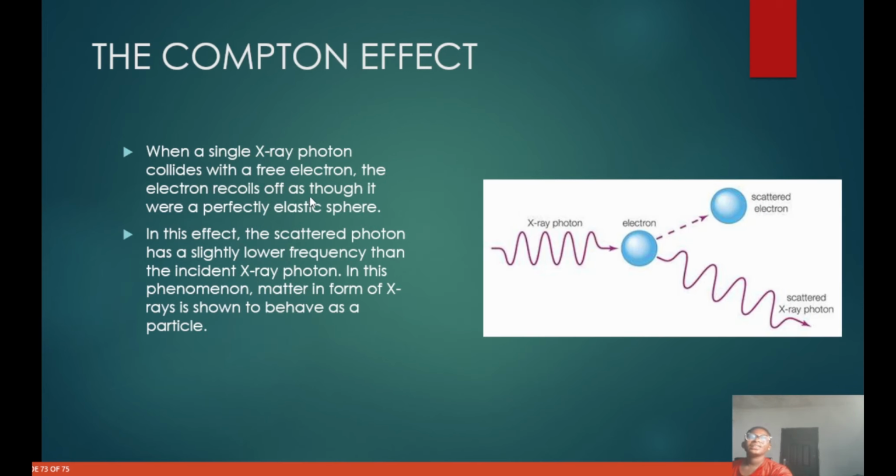The Compton effect: when a single X-ray photon collides with a free electron, the electron recoils as though it were a perfectly elastic sphere. In this effect, the scattered photon has a slightly lower frequency than the incident X-ray photon. In this phenomenon, X-rays are shown to behave as particles.